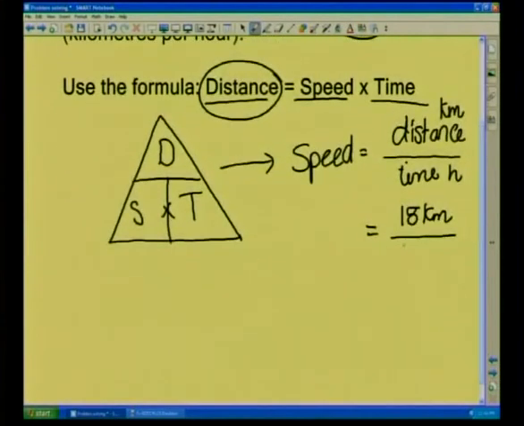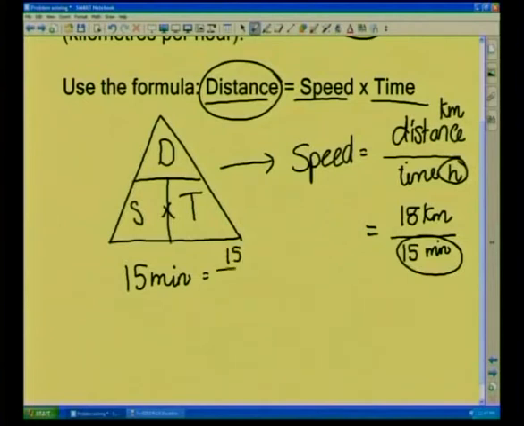And we're traveling in 15 minutes. Now, this is not going to work because we need to have hours. So I need to convert my 15 minutes to hours. 15 minutes is equal to what fraction of a whole hour?